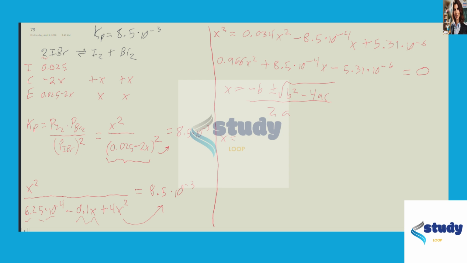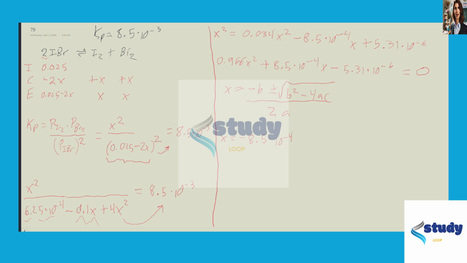So x equals negative 8.5 times 10 to the minus 4. So that's negative b. And next, I should write plus or minus.